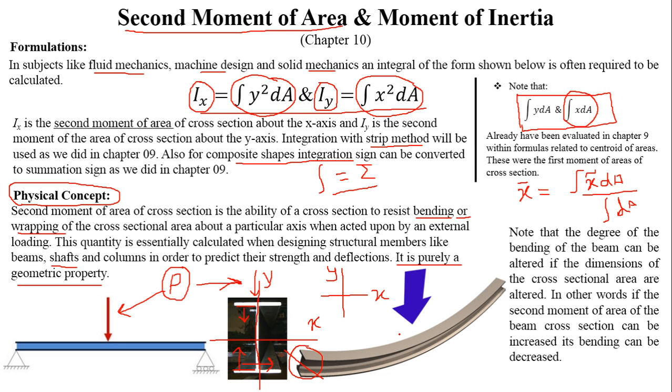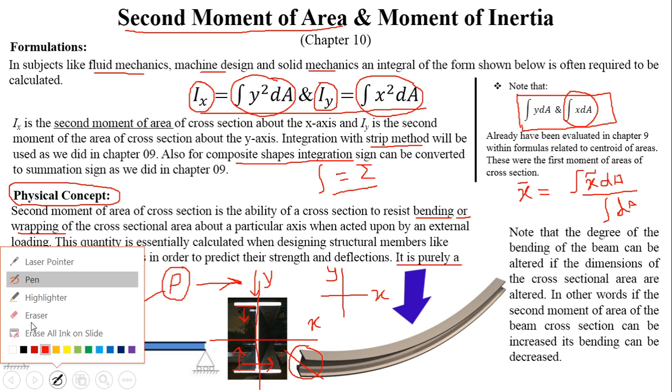You see that for this cross section, if the load is acting like this in the vertical direction, along the y axis, then, as I mentioned before, this edge is going to warp and try to meet this edge, about the horizontal axis. As you can see in this figure, this bending or warping of the cross section is basically taking place about the horizontal axis.